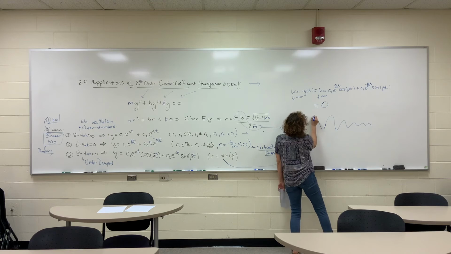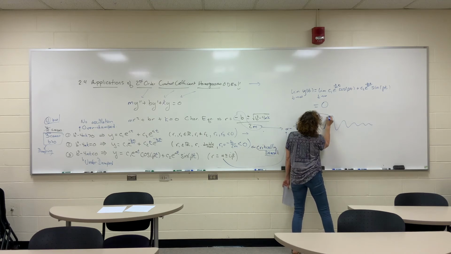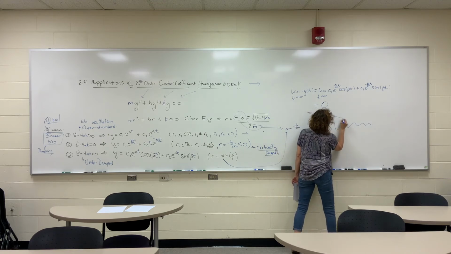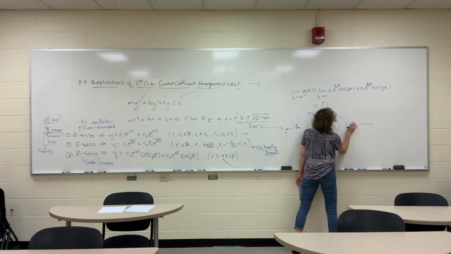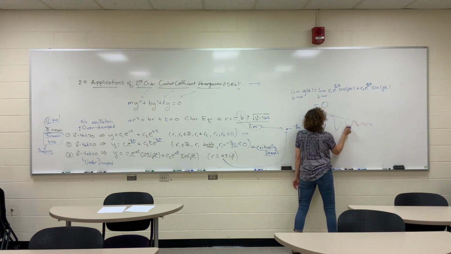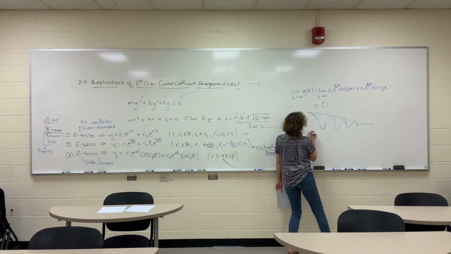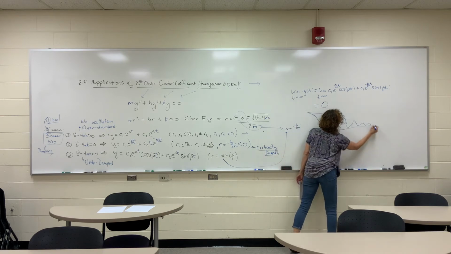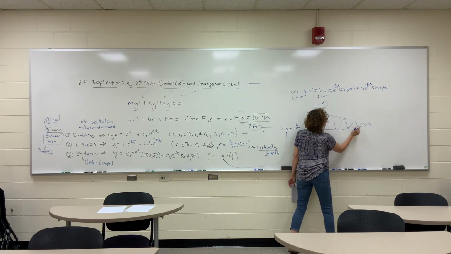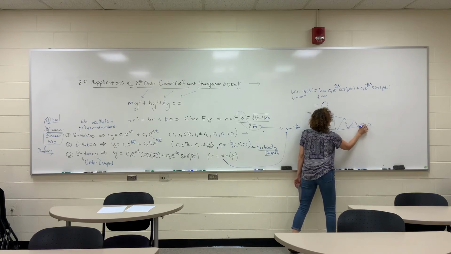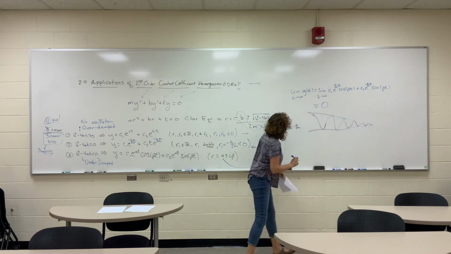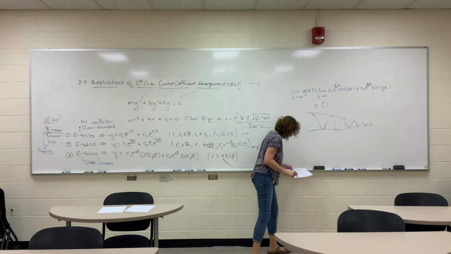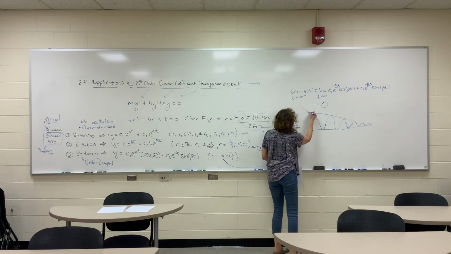And then if you think about this, I'll just pretend that goes the whole way up, and that goes the whole way down. So these curves should look like this.